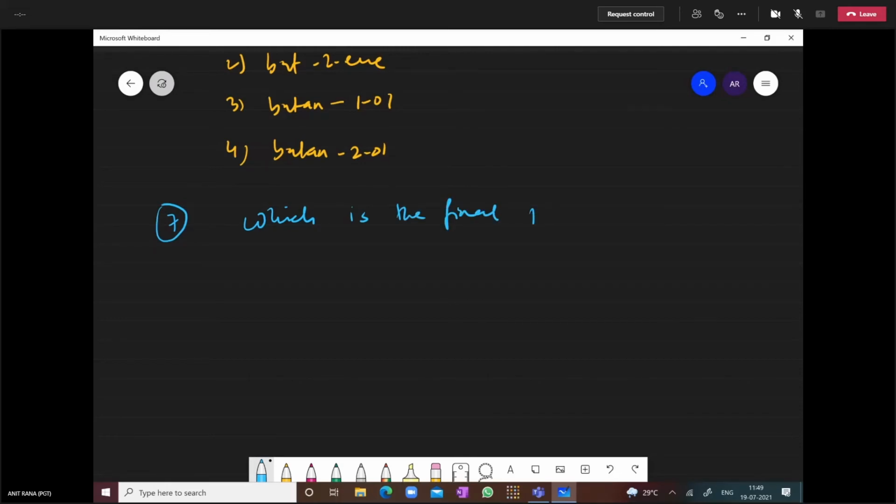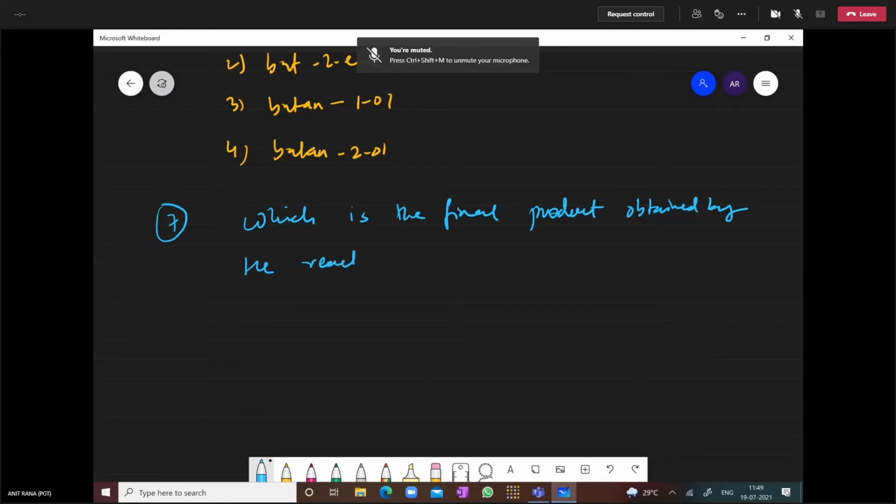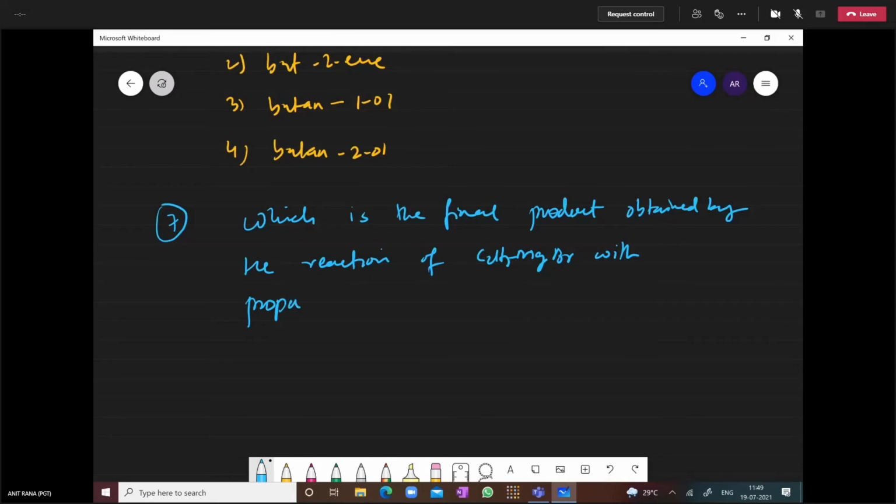Which is the final product obtained by the reaction of C2H5MgBr, that is Grignard reagent, with propanone?